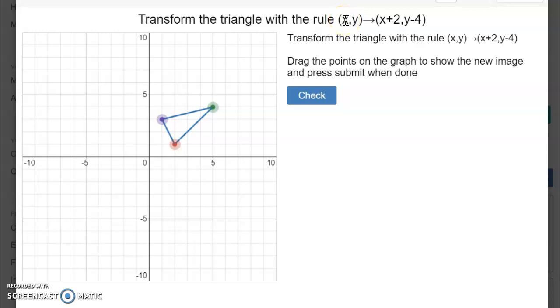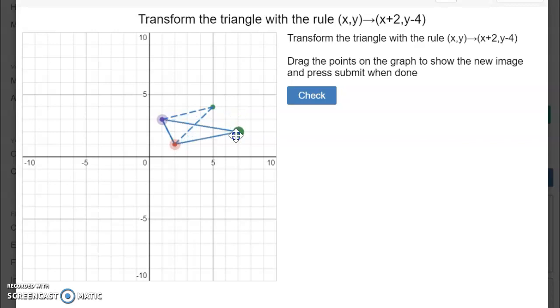All the x coordinates are going to be added to 2, so the new x coordinate is going to be the old coordinate plus 2. x is the horizontal axis, so the horizontal position is going to increase by 2. And the y value is going to be decreasing by 4. That means it's not going to go up, but it's going to go down by 4.